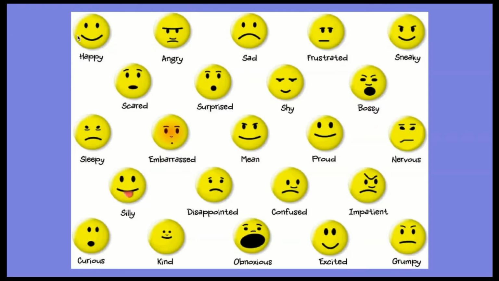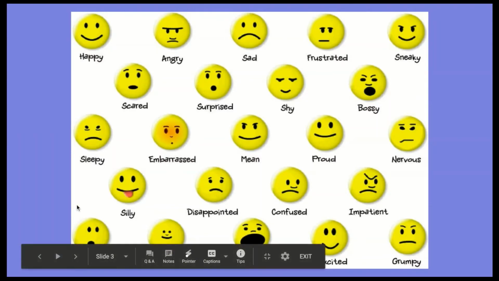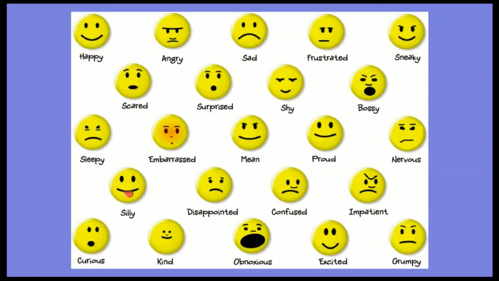Okay, so happy, you got a smiley face; sad, you're frowning; bossy, you might be yelling; proud, right? You feel proud of yourself, you're happy. If you're confused, you might be looking down, you might have a scrunched up forehead. If you're curious, right, you might be kind of like, what's this all about, right? In a state of surprise or wonder.